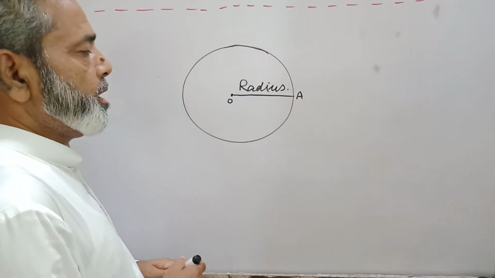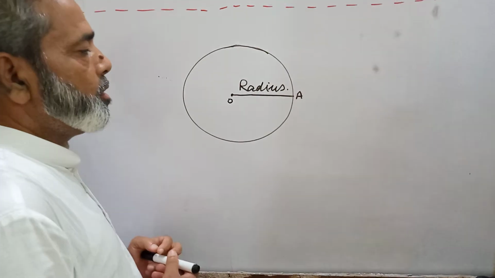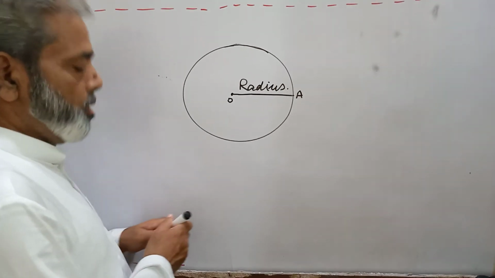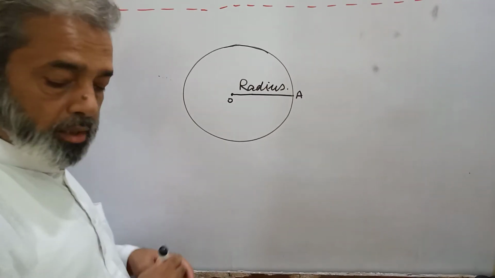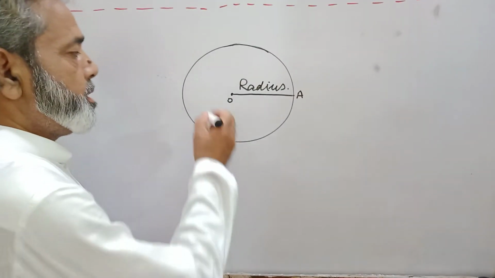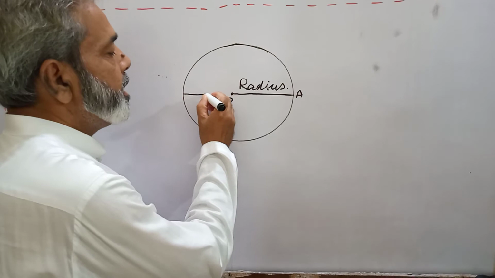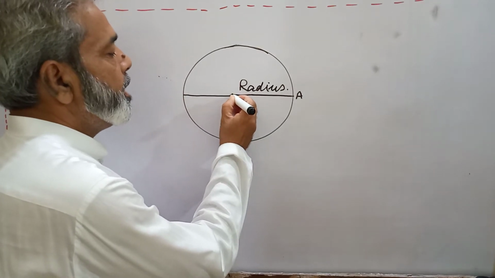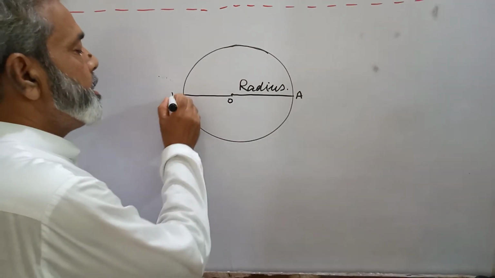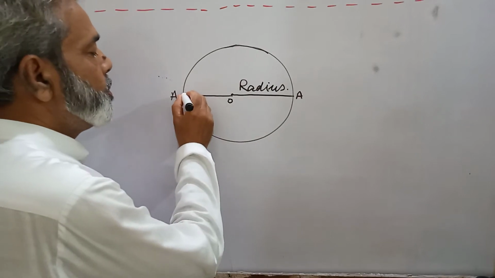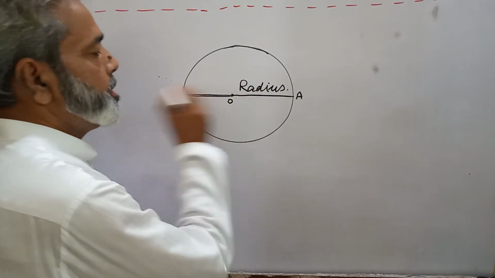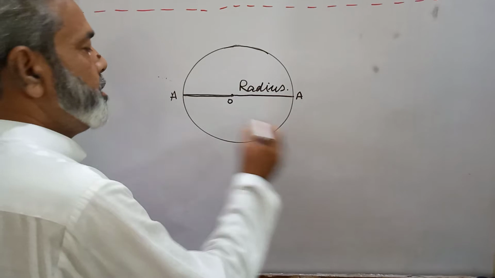If we draw a line across the circle passing through the center, that is, if we divide our circle into two equal parts, then this line will be the diameter. This whole line AB is the diameter.